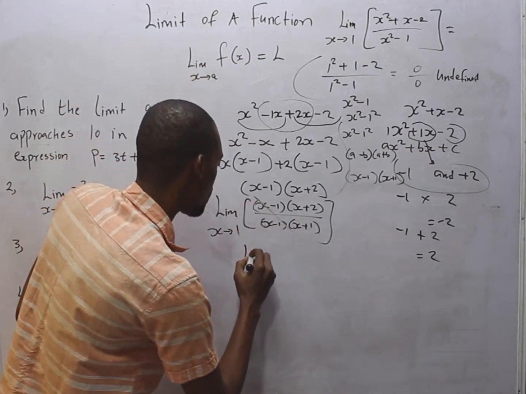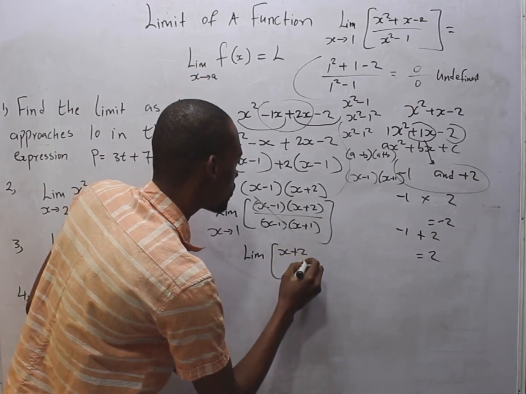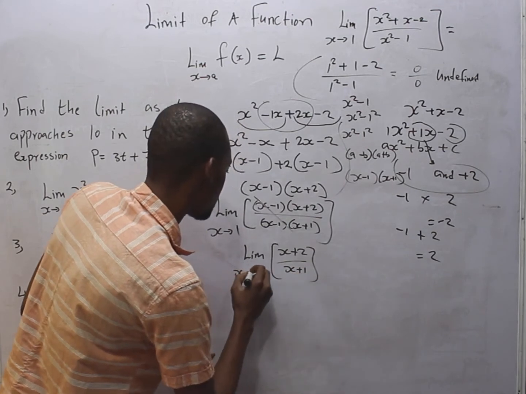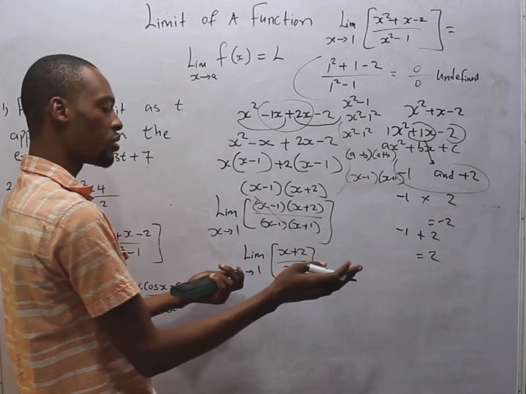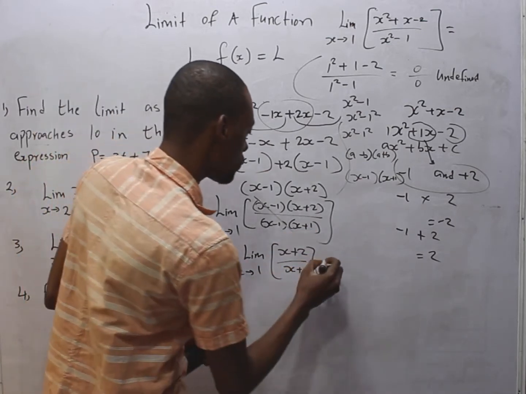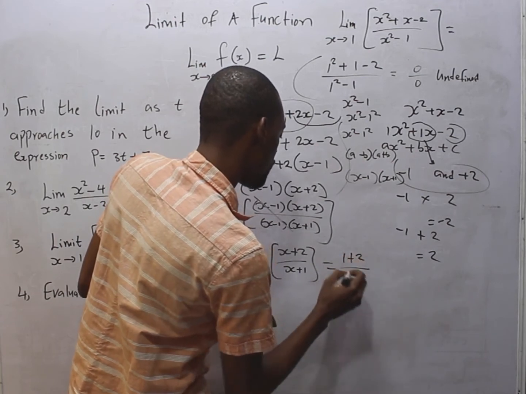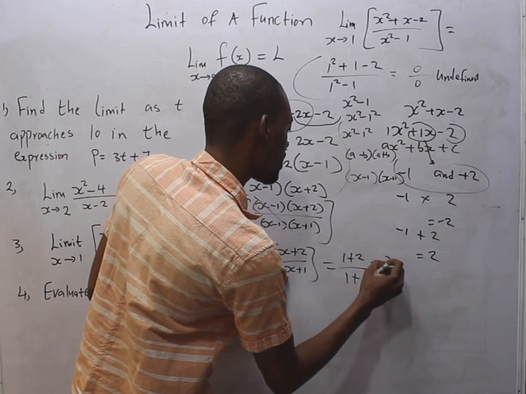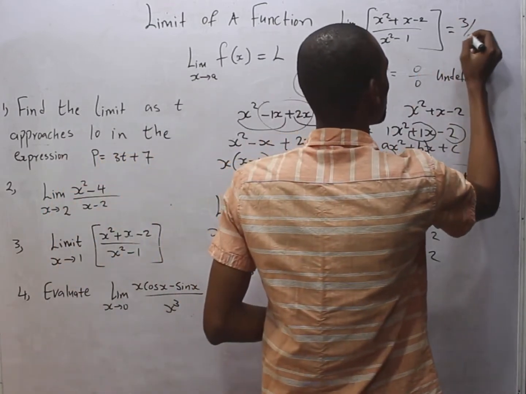This will give us the limit of S plus 2 over S plus 1, as S tends to 1. In this case, let's substitute. If S tends to 1, this will give you 1 plus 2 over 1 plus 1. This is 3 over 2.